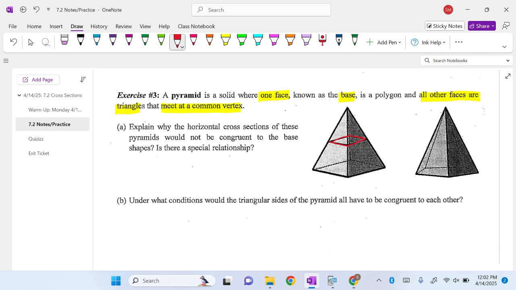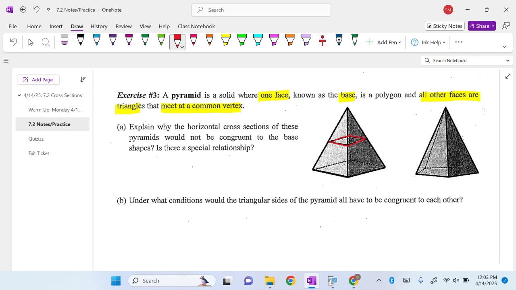So the base is the base. And since we're building a triangle, the higher we go up, the smaller our cross section would be. Because if you look at it from the inside of the pyramid, there's less space between the edges of the pyramid the higher you go up or the closer to the vertex that you get.